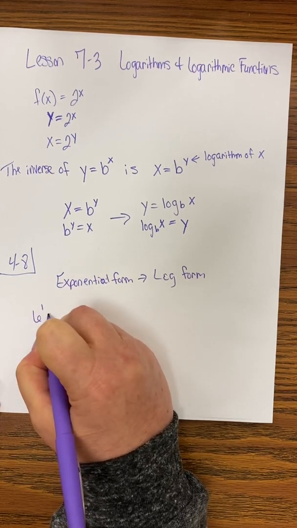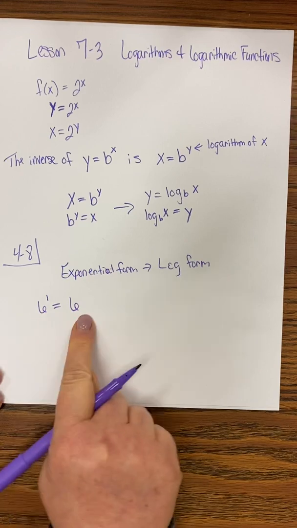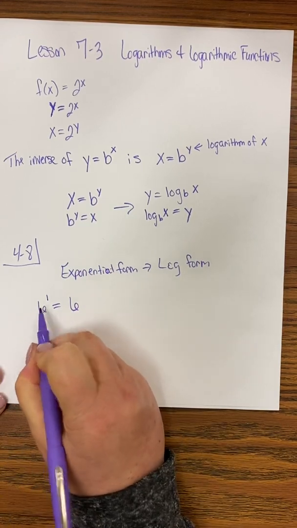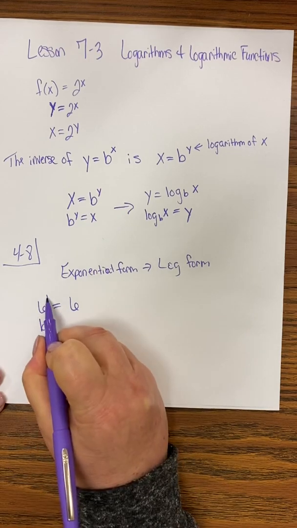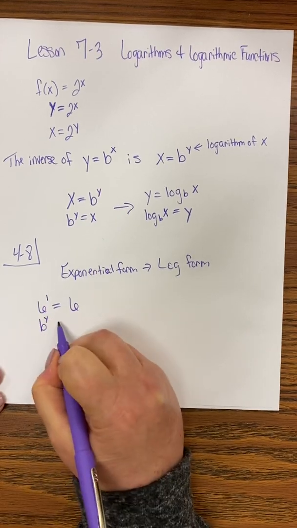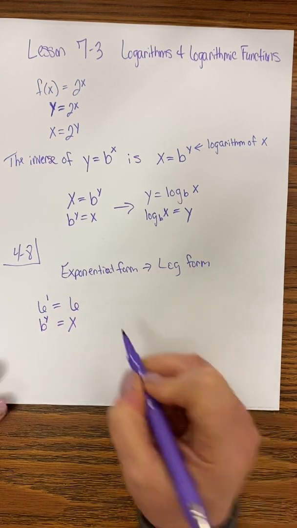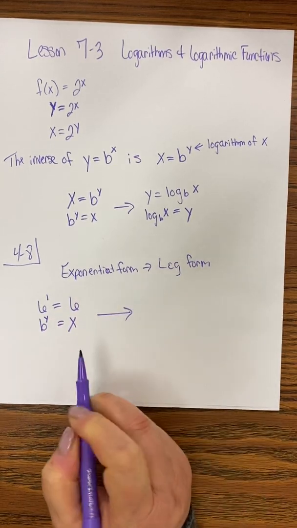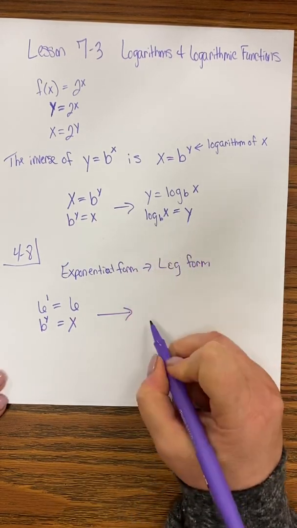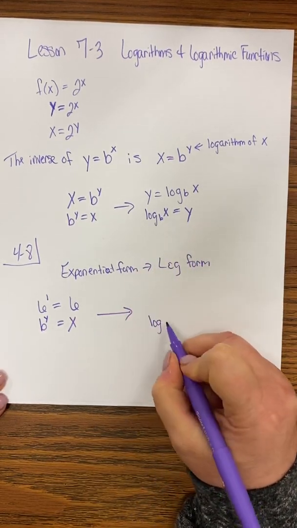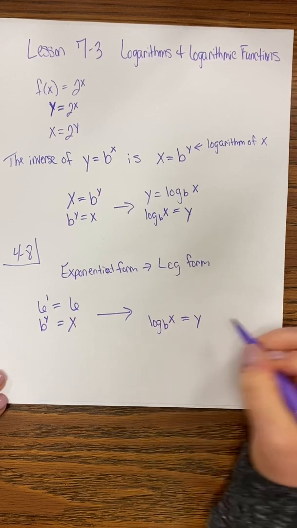It starts like this: 6 to the first power equals 6. I'll remind you what everything is. This 6 is your base, that's your b. That 1 is your y. This 6 is your x. Now we need it in log form, which is this one: log of base b of x equals y.